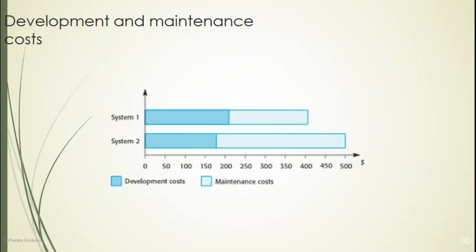Development and maintenance cost: you can see system 1 and system 2. The dark color indicates the development cost and the maintenance cost you can see here. This is in dollars, because the author is from the USA, so they take a USA example. For system 1, the development and maintenance costs are the same.